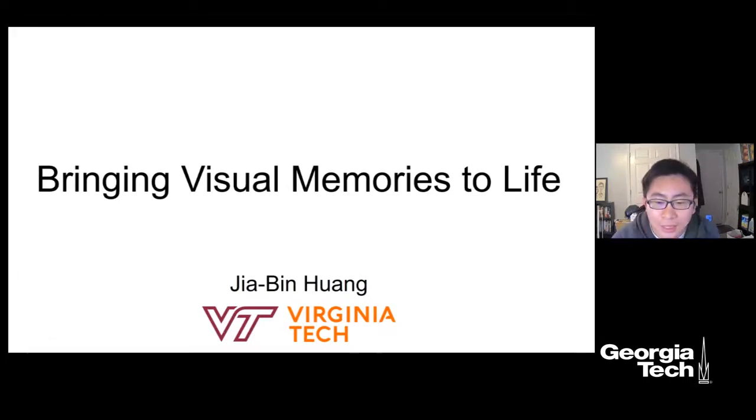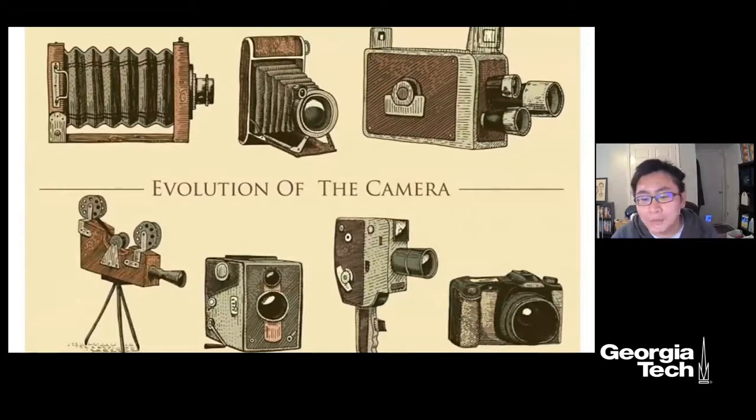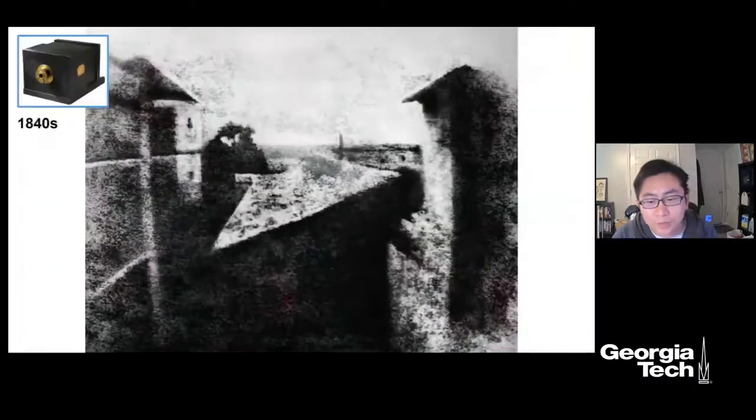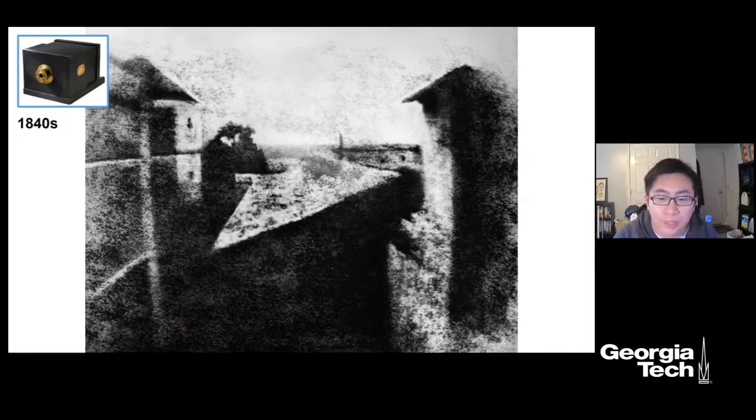If we think back how photography looked like over a century ago, it has really come a long way. This was the first photograph that was ever taken in the 1840s. At that time, photography was very expensive and a time-consuming process. But the image quality was still very poor, as you can see from this photograph.